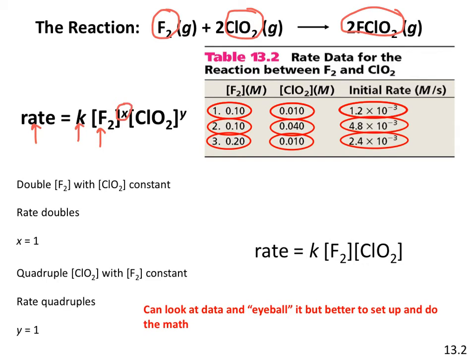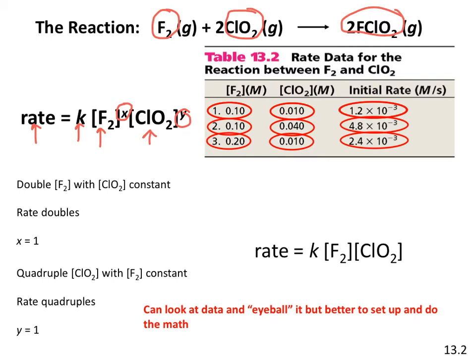You can call them M and N, or A and B, or X and Y. Different textbooks use different things. It doesn't matter. So the reactant fluorine to the X order times the reactant ClO2 to the Y order. So that's just a generic way of laying out the rate law for this reaction.